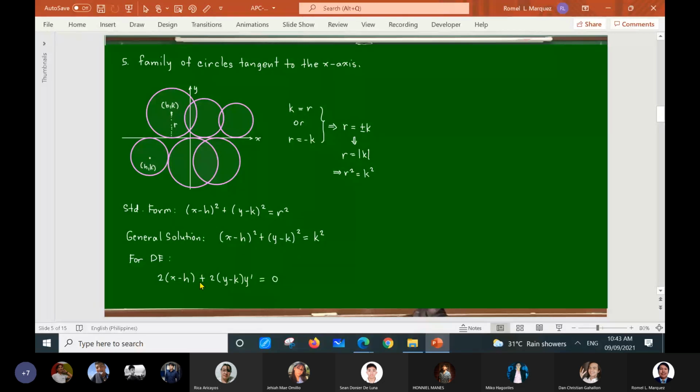So divide by 2 to simplify this. So this is (x minus h) plus (y minus k) y prime is equal to 0. Okay? Guys?